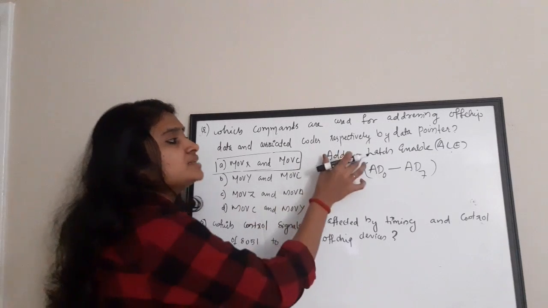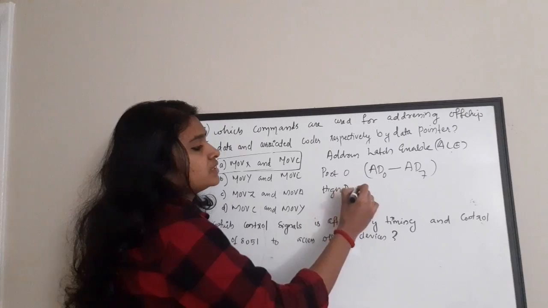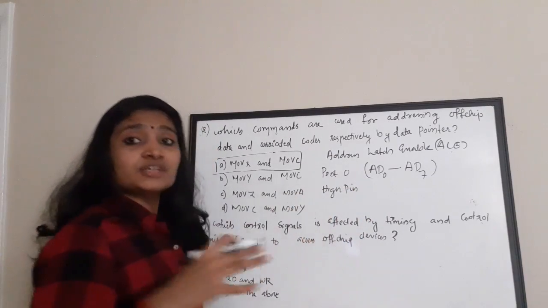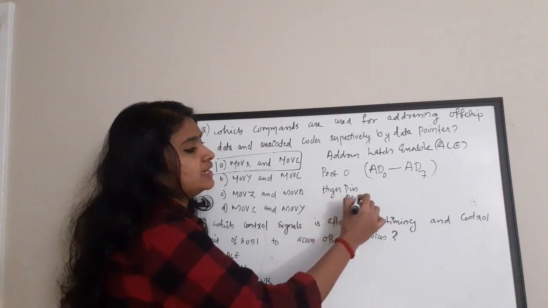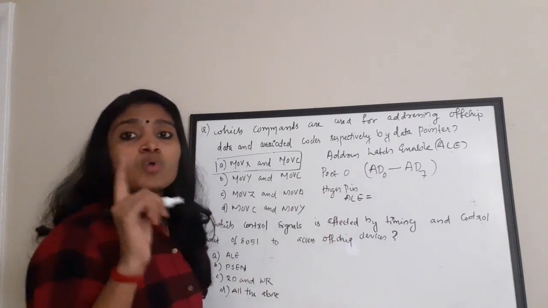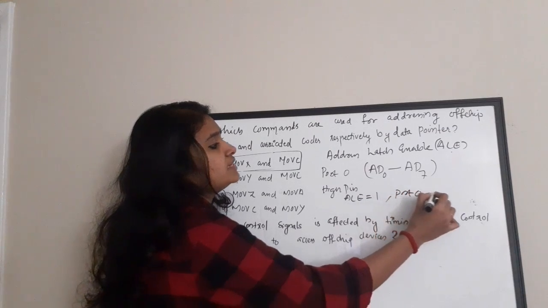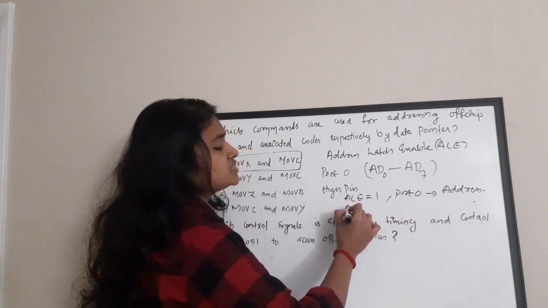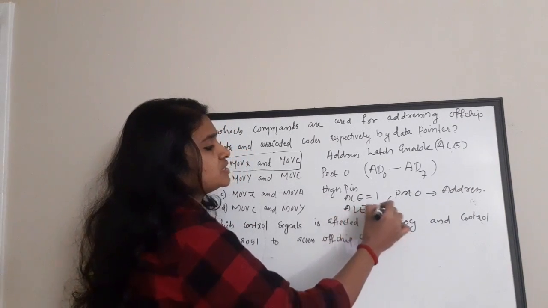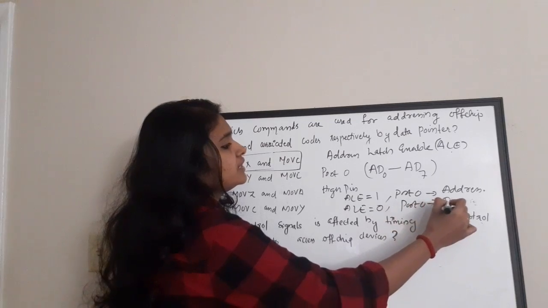This address latch enable is a high pin, okay, high pin means it is active high. So if this address latch enable, that is ALE, is equal to 1, then port 0 is carrying address. And if ALE is equal to 0, then port 0 is carrying data.